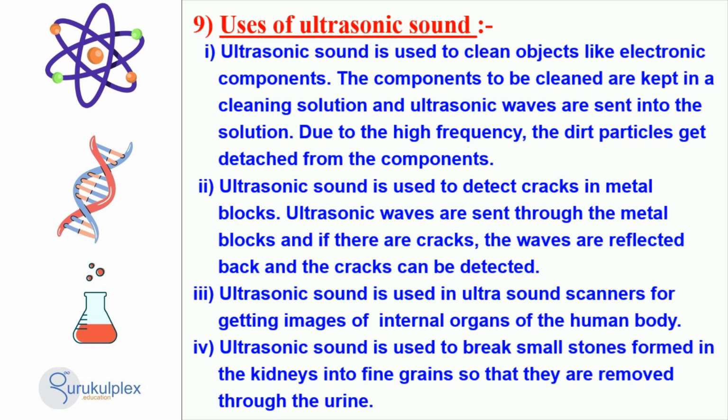Ultrasonic waves can also penetrate metal blocks, and when they are reflected back, they can detect cracks. For medical imaging, ultrasonic sound is sent into the patient, from which 3D images of internal organs can be generated. Finally, ultrasonic sound can also be used to fragment small stones in the kidneys into fine particles that can then be passed through the urine.